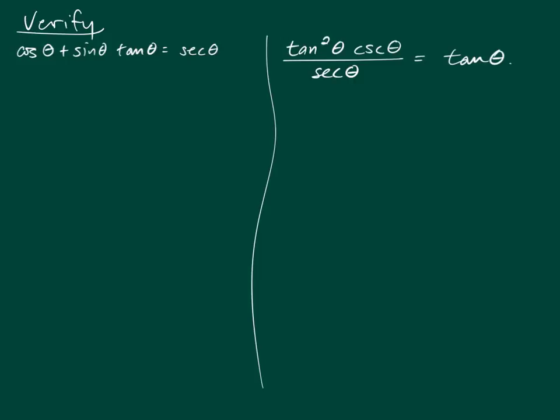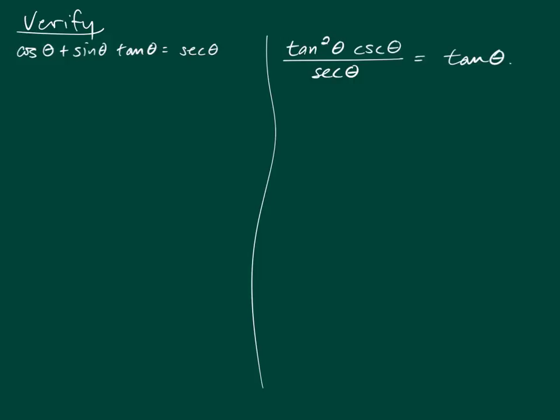So on this slide, a couple more examples of how verifications work. Now, one thing that you're going to come across within verifications is that it is easier to turn a side of the equation with two terms, like cosine theta, and the second term being sine theta tangent theta. It's easier to turn two terms into one than it is to turn one into two.